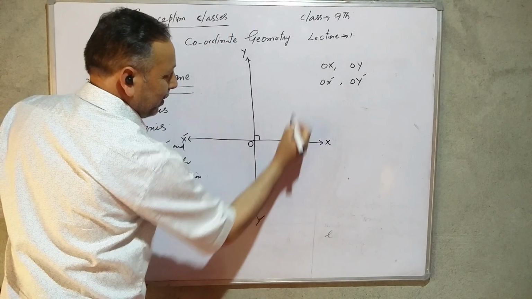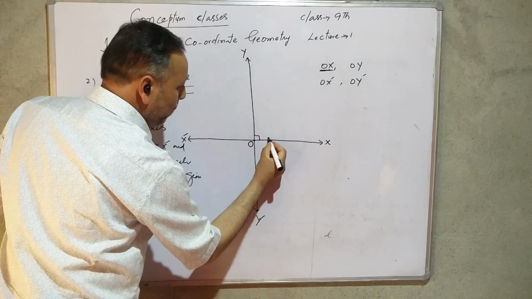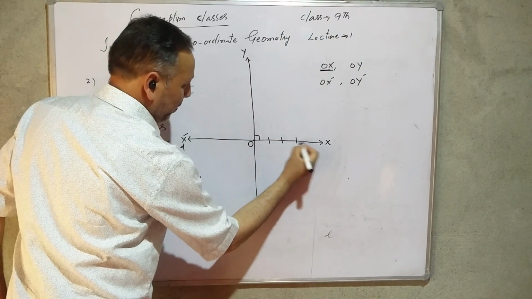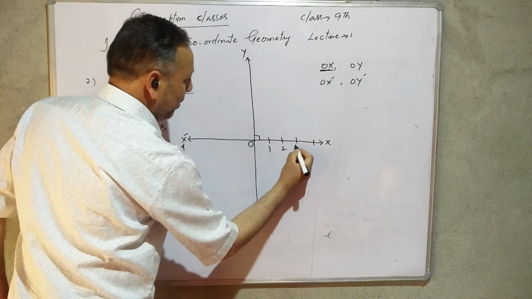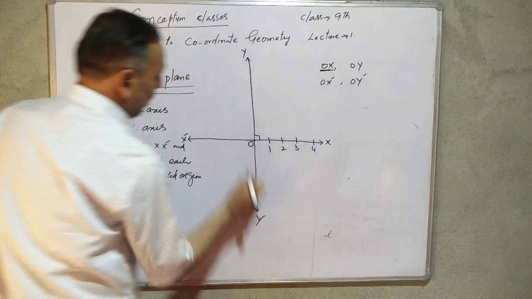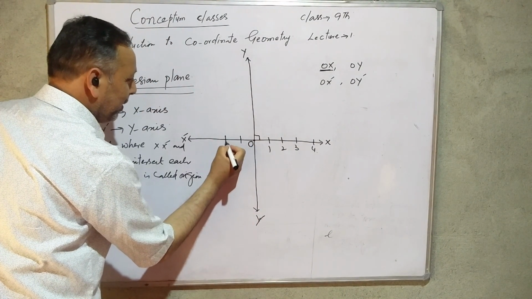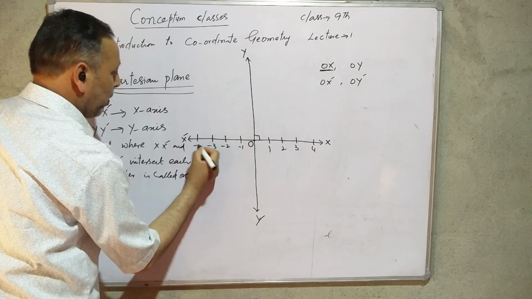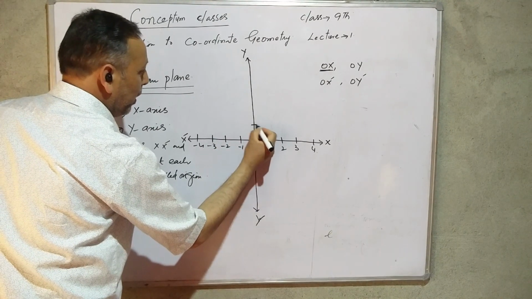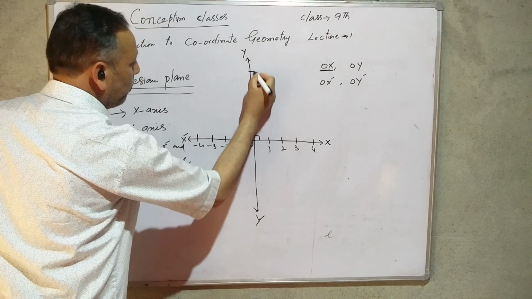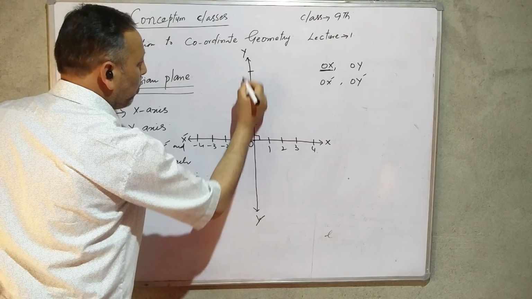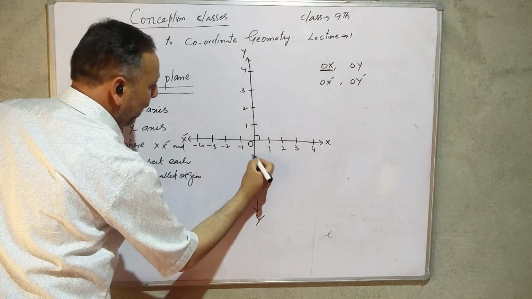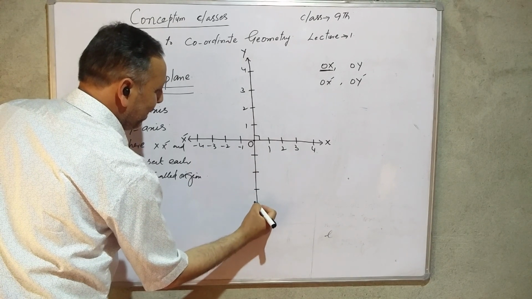This OX represents the positive values. This OX dash represents negative values. OY represents positive values, and OY dash represents negative values.